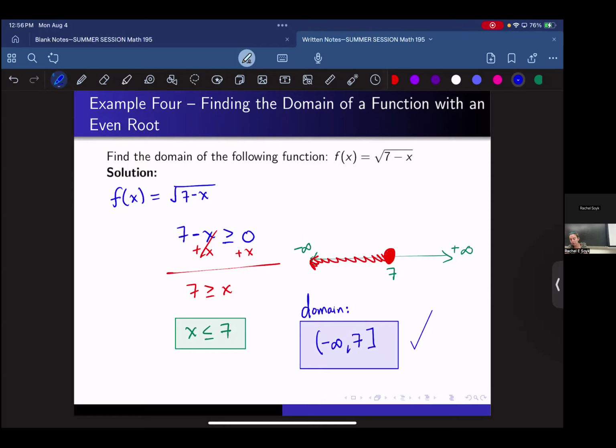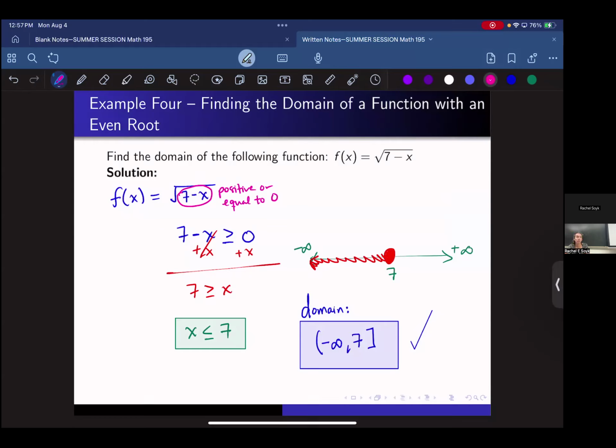Good question. So remember back to our restrictions when it comes to domain. We want underneath this radical, aka our even root index, to be positive or equal to 0.